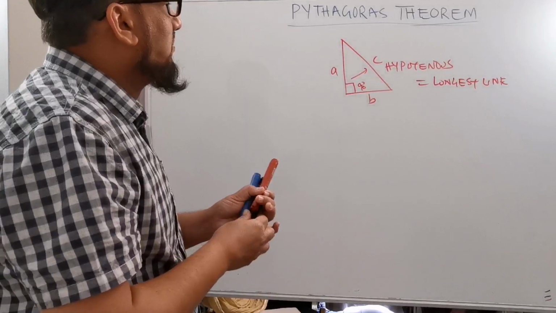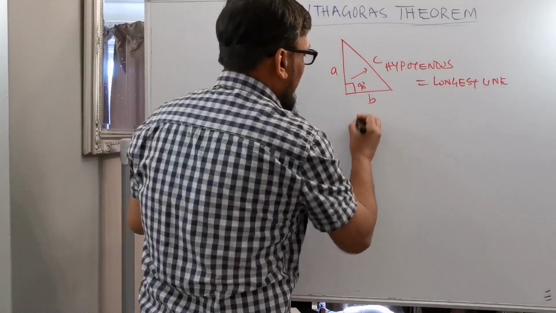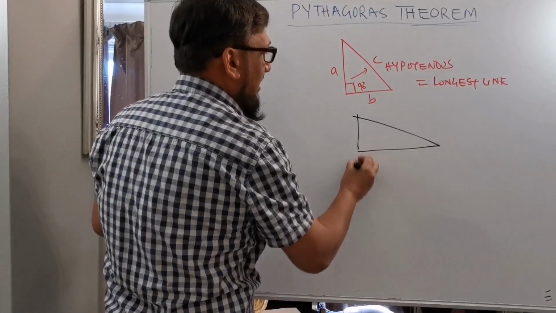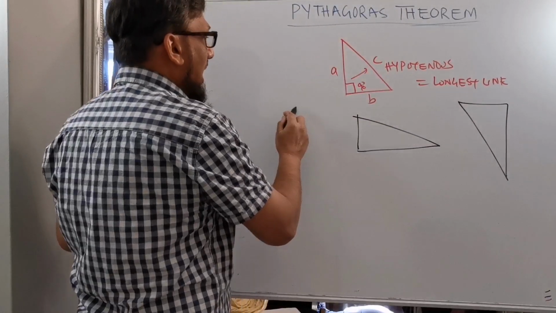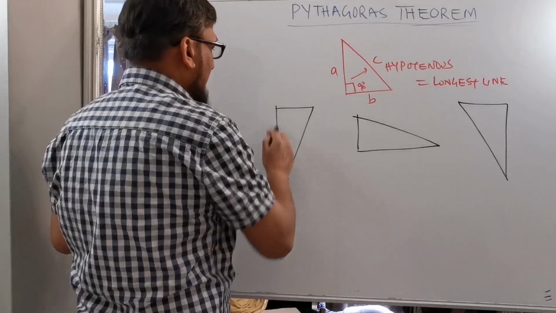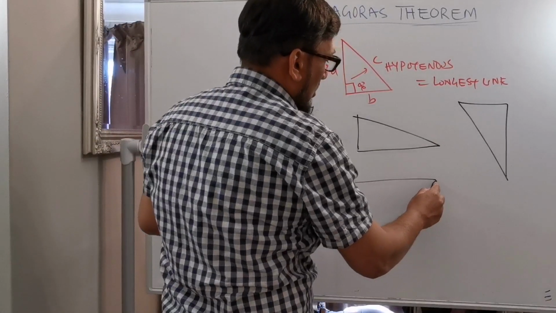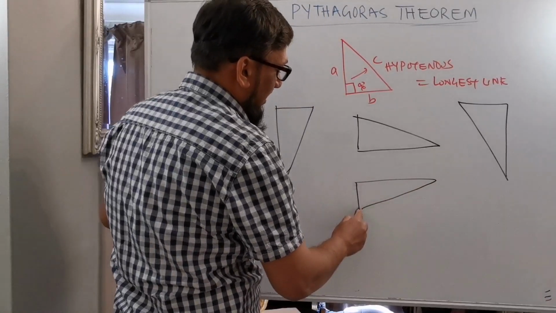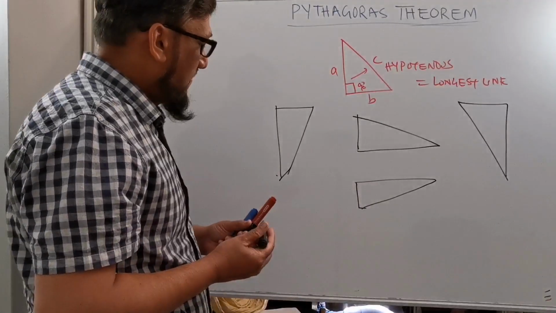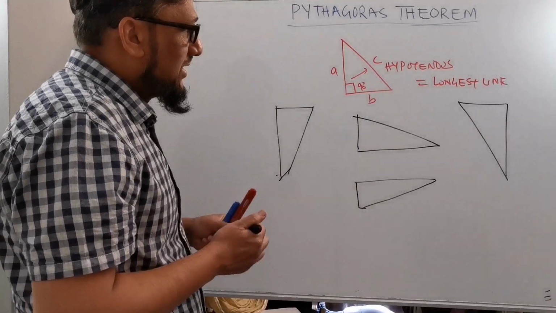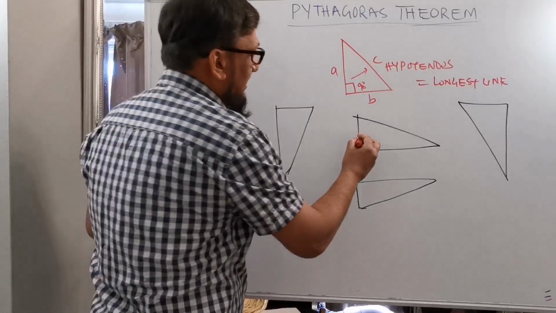If I take an example, say this is a triangle, and this is also a triangle, and this is also a triangle. How do we find the hypotenuse? Very simple. You need to make the right angle first.